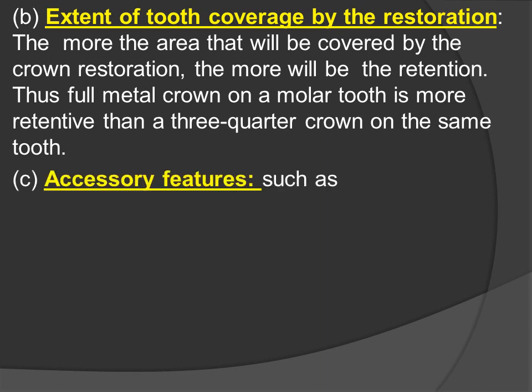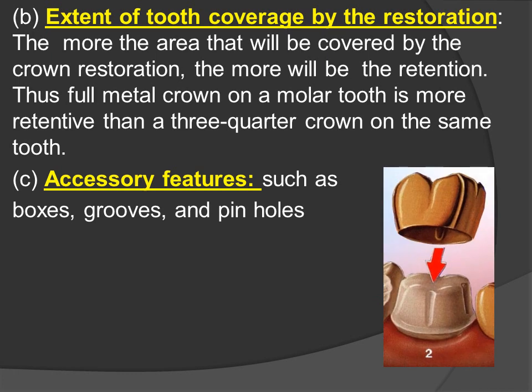And the third factor that affects the surface area is the accessory feature. When we add accessory feature to a tooth preparation, we will increase the surface area. In this case, we can use box, grooves, and pinhole to increase the surface area.